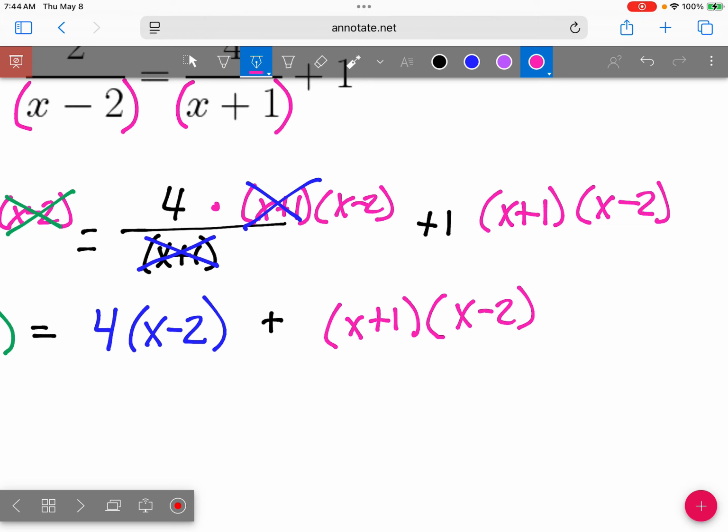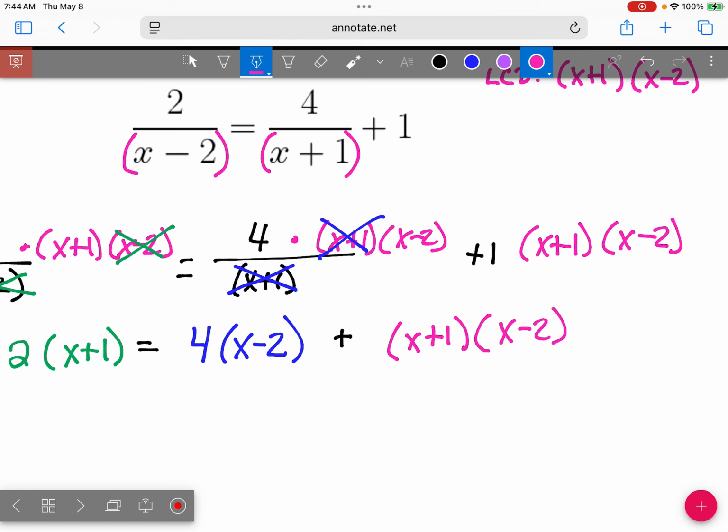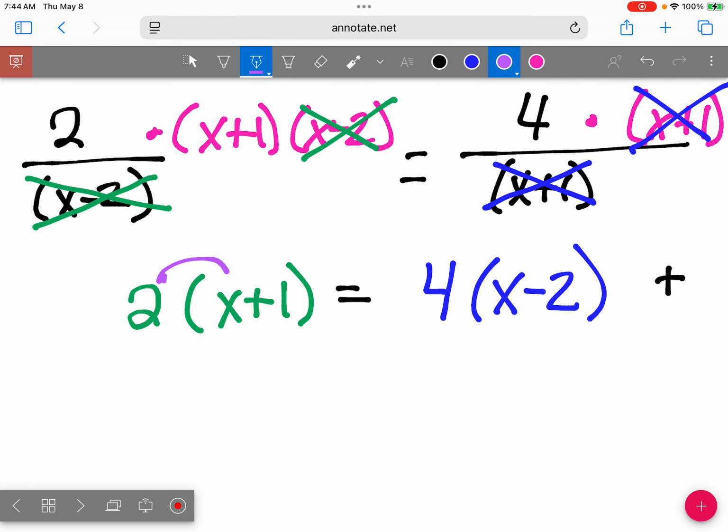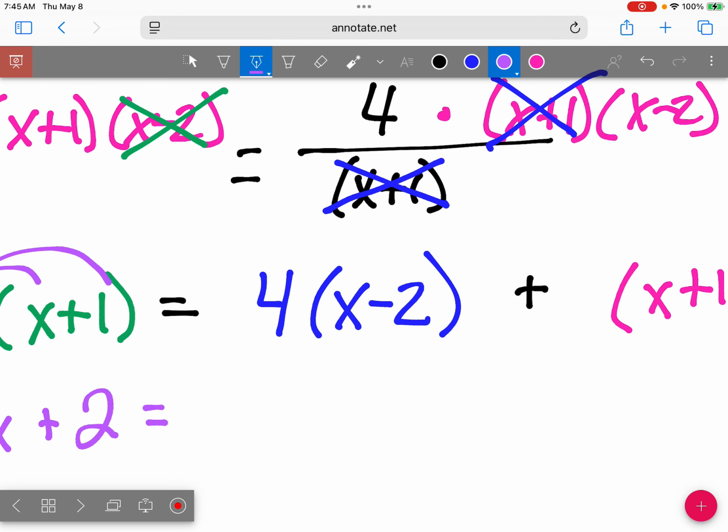And what do we need to do to try and be able to solve this thing? We should distribute a whole bunch of times. We need to distribute here with my 2x and my 1. So 2x plus 2. Then we're going to have our 4 times our x minus 2, so we're going to have our 4x minus 8.